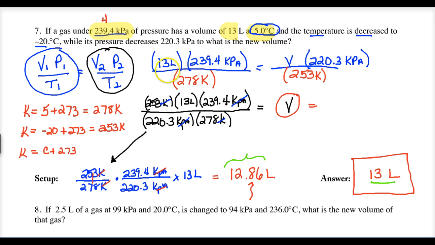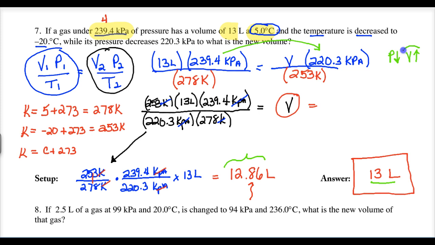Why? Well, let's look at the problem. Okay, the pressure decreased a little bit. Now, let's pretend temperature stayed constant. I know it didn't, but just pressure alone. If temperature stayed constant, and moles, if the pressure decreases, doesn't the volume increase? Isn't that an indirect proportion or an indirect relationship? That's Boyle's law. Yeah.